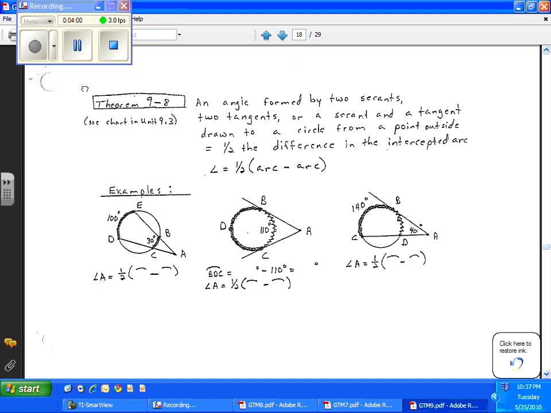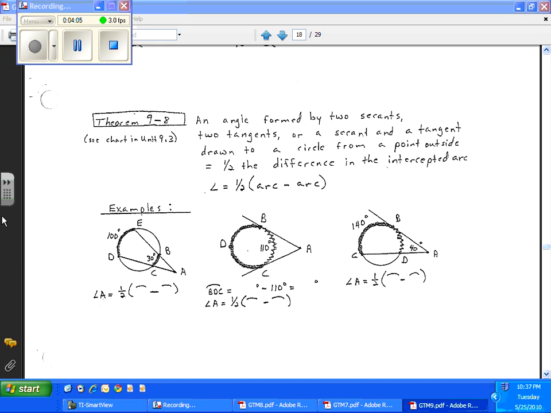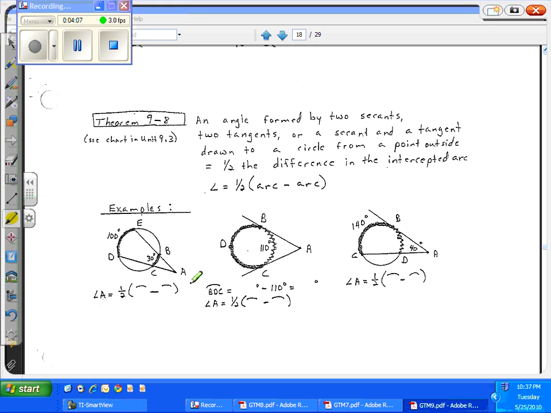Theorem 9-8. In this situation, we're creating an angle whose vertex is outside the circle. That could happen by drawing secants to the circle from a point outside, two tangents to the circle from a point outside, or a secant and a tangent.